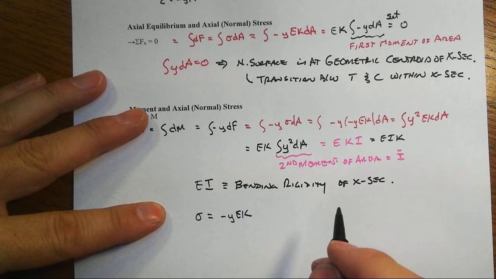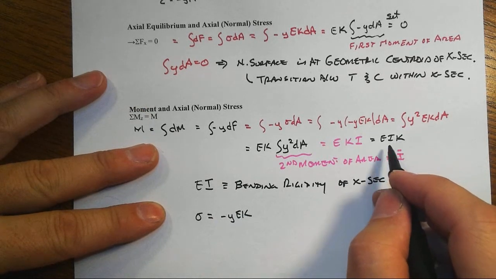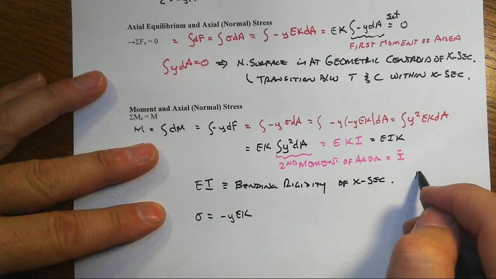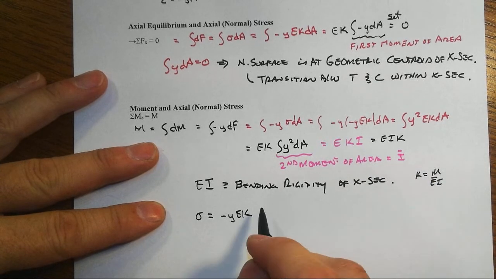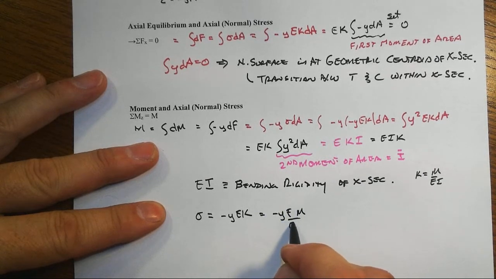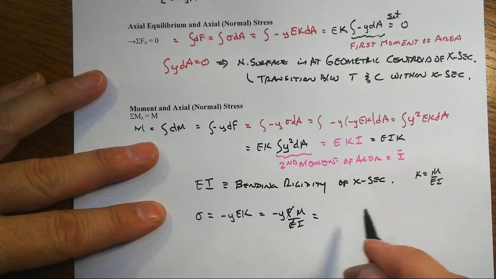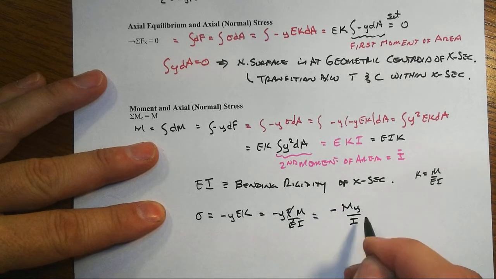Now, we found out with moment-curvature that kappa is equal to M over EI. And so that means we go minus yE, substitute in M over EI, the E's cancel out, we rearrange the order of the terms, and we get minus My over I.